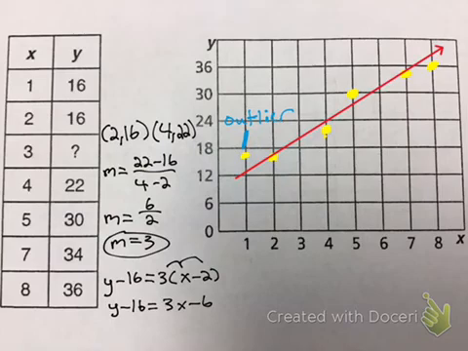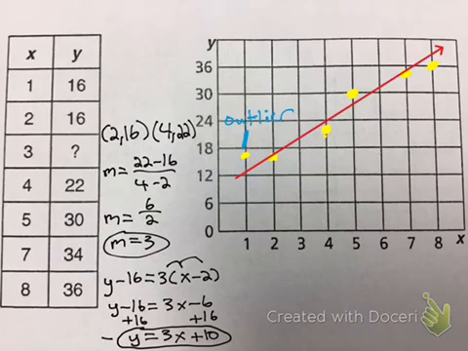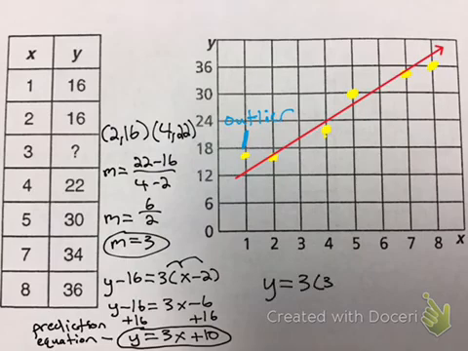And from there, we'll add 16. I have y equals 3x plus 10. This is my prediction equation. Now I can predict what y would be when x is 3. So I'll take 3 and plug it in for x. That gives me y equals 9 plus 10, which gives me y equals 19.